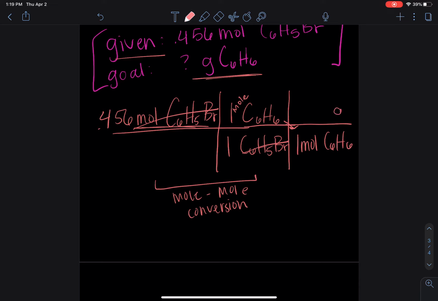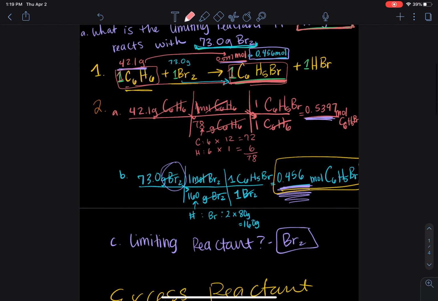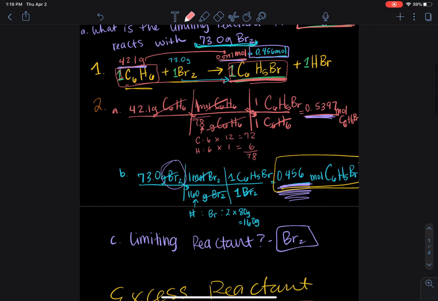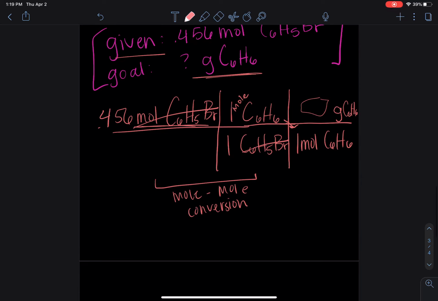Since I'm trying to get to grams, I'm going to put the molar mass in this slot. We already solved for that up here. Okay, we found 78 to be the molar mass. That gets rid of moles of C6H6, and now I'm in grams of C6H6.